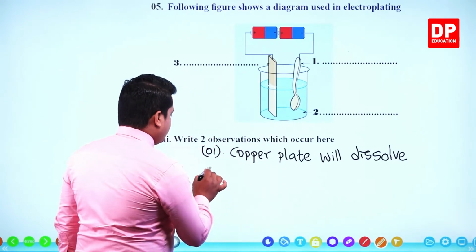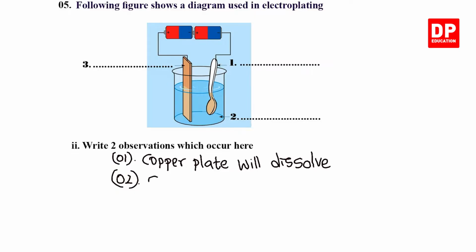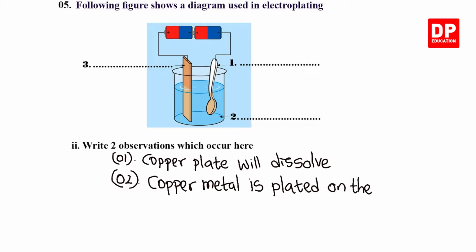Then the second observation would be that copper metal is plated on the spoon.